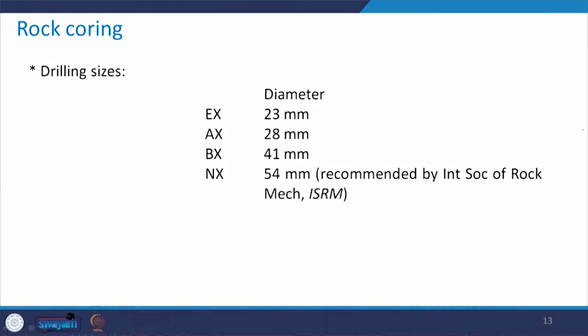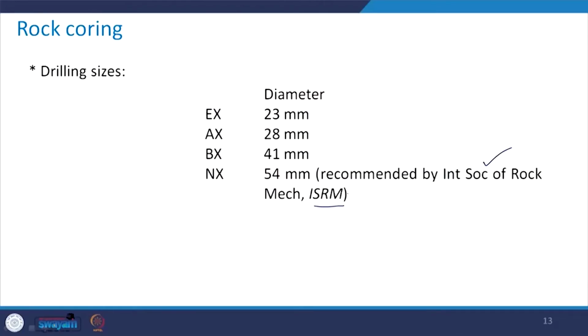What should be the drilling size? The International Society of Rock Mechanics, I will be using this term quite often, in short we call it ISRM, has suggested that one should use NX size specimen. The diameter of the NX size specimen is 54 millimeter. There are other sizes as well, EX, AX, BX.